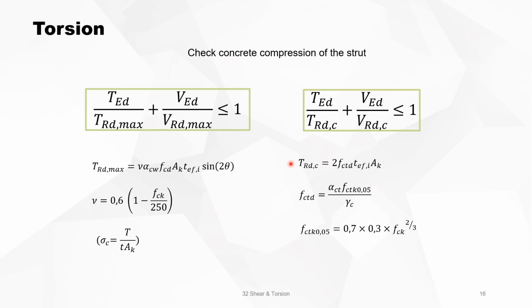And TRd,c was not defined yet, but is defined by 2 fctd times tef times Ak, and fctd is the 0.05 limit of the tensile stress in the concrete, and is equal to 0.7 times fctm.